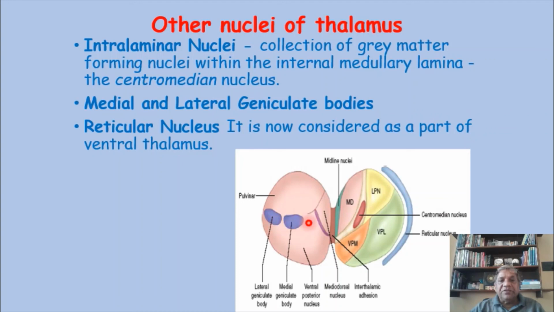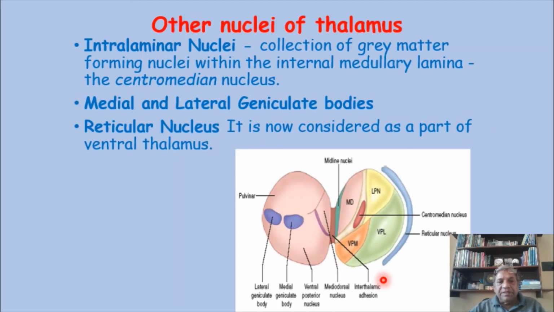Other nuclei, which I have already told you, the medial and lateral geniculate body, are now considered part of the thalamus, and similarly the reticular nucleus is part of the thalamus. So these are also nuclei of the thalamus.